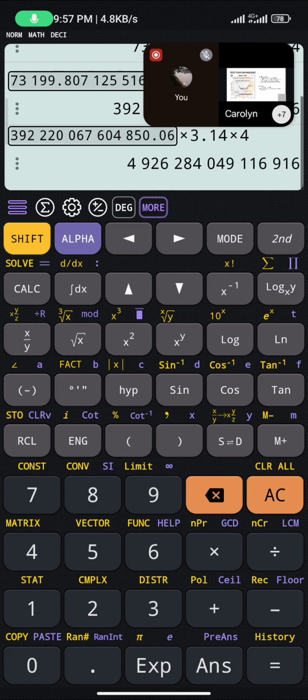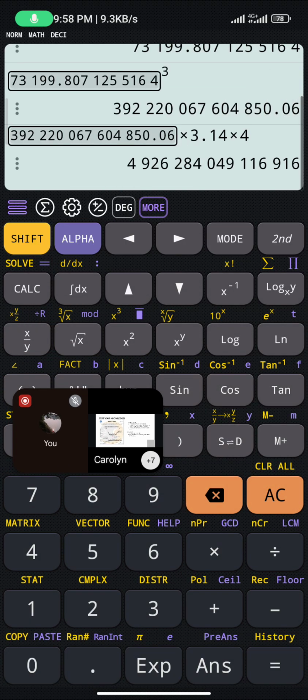Ma'am, should I make it as a PDF or just post it directly? It's up to you. You can upload it as an image or a PDF, whichever is convenient for you. Okay, got it. Thanks, Likit.